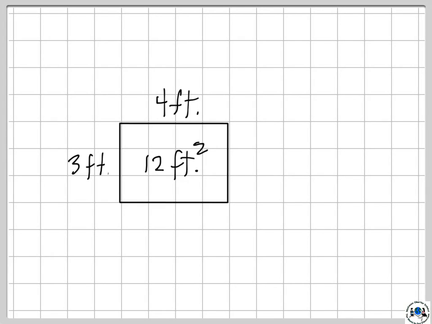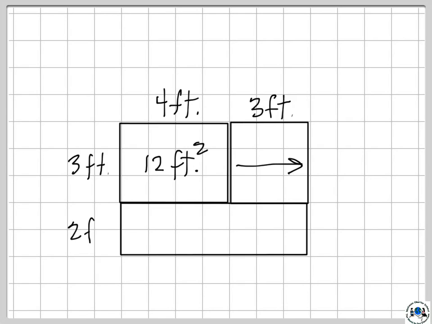If we want to go ahead and expand it out, she said she expanded the length by 3 feet, and that's the length that way, 3 feet, and then the width by 2 feet. So here's our expansion. We have our original garden plot here, and then our expanded garden here.